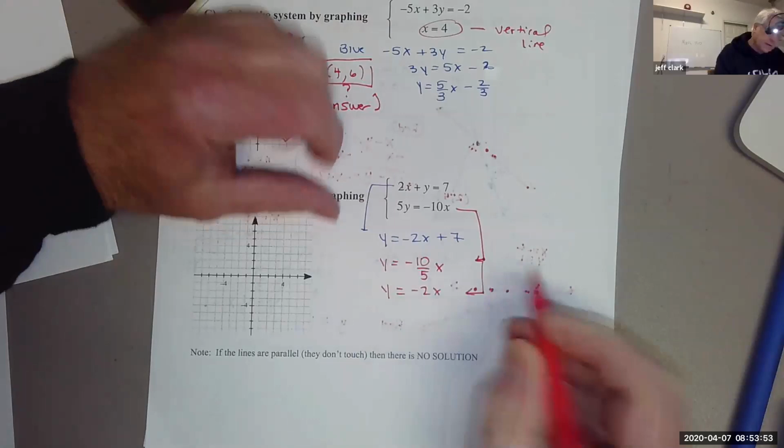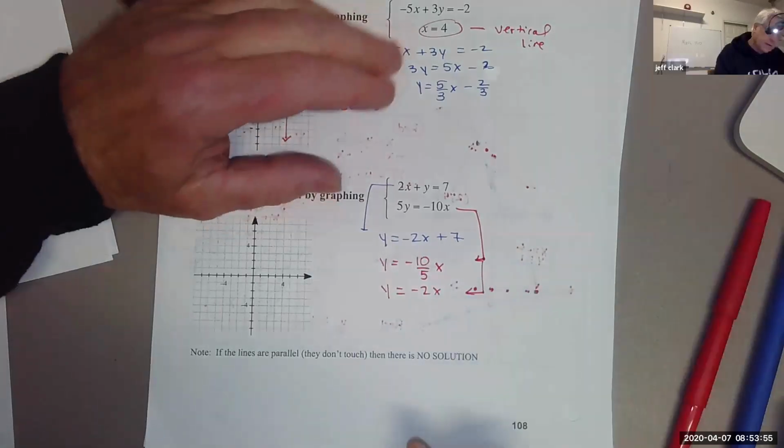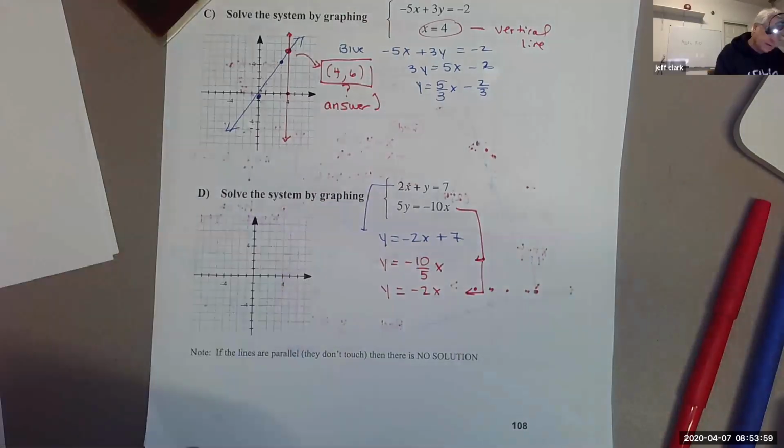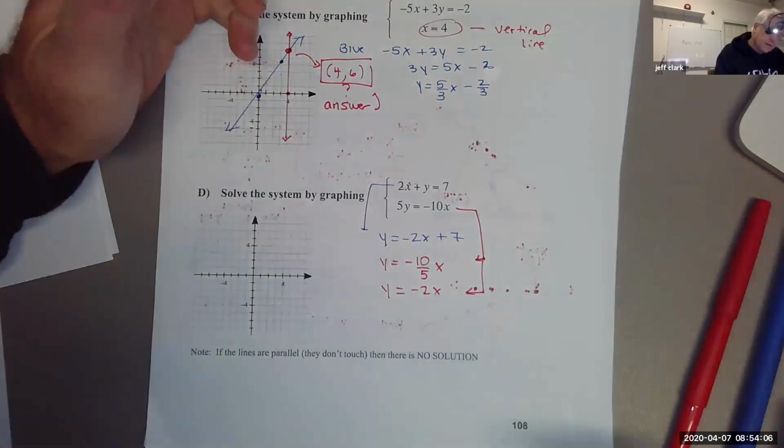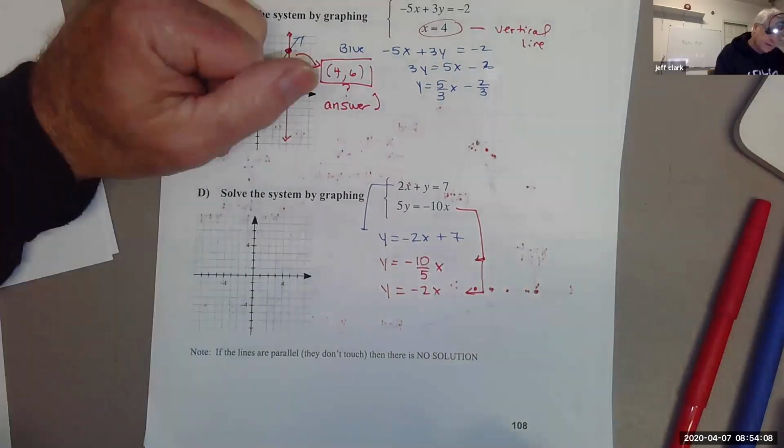And I want you to see something here. Look at the slopes. The numbers are exactly the same. They're going to be parallel. They'll be parallel. No solution because they're parallel.